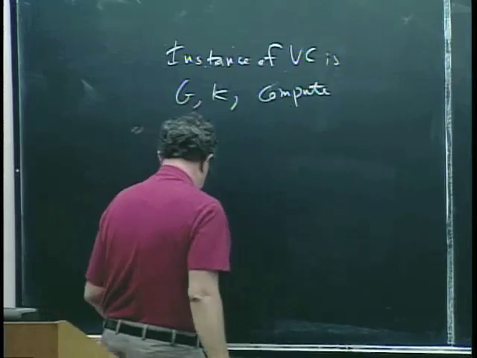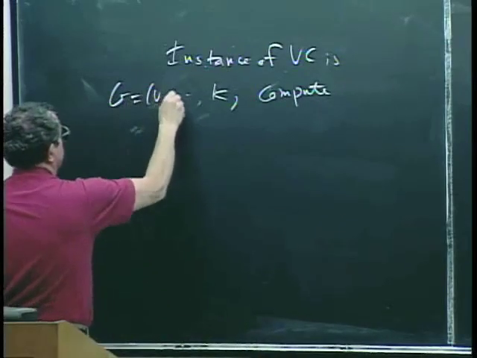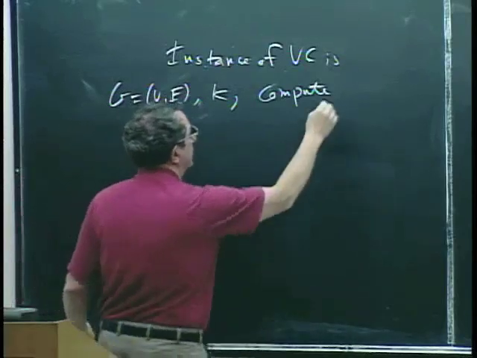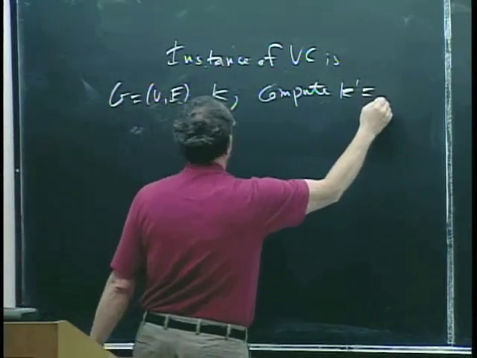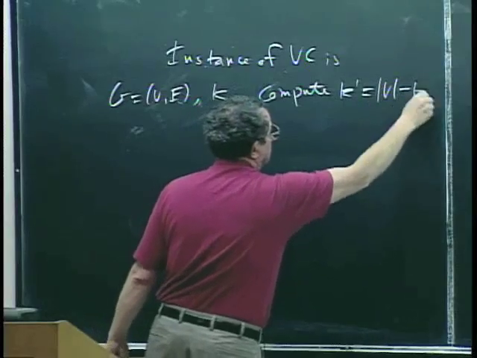Well, let me write out G is equal to (V, E). Then you compute K prime equals V minus K.